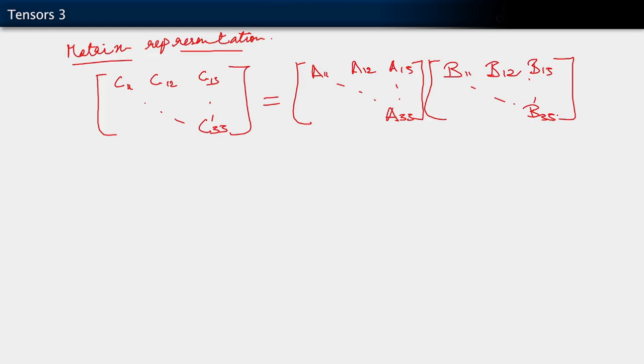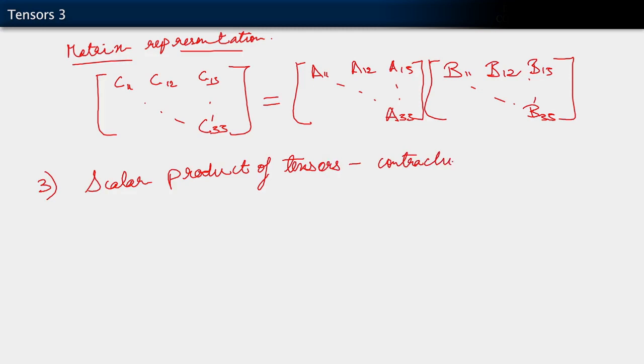We continue with more ideas of tensor multiplication. We will look at what we will sometimes call the scalar product of tensors, also sometimes called the contraction of tensors.